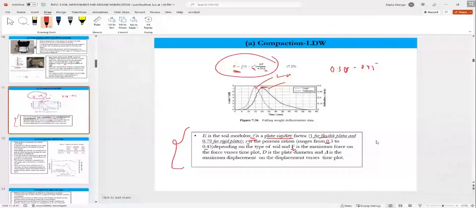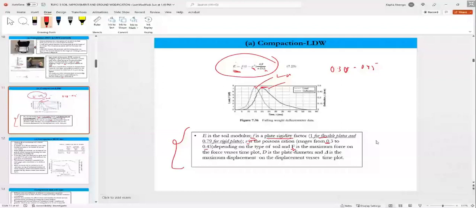And that's bringing me to the next slide, Francis. Because let's talk about reality. When you talk about compaction, you're only talking about quality assurance of that soil, that it has achieved the density that you wanted to achieve in the lab. That's all.